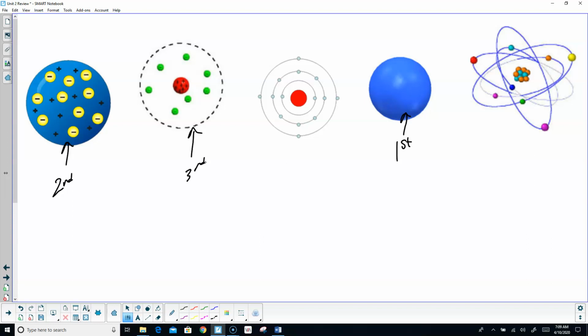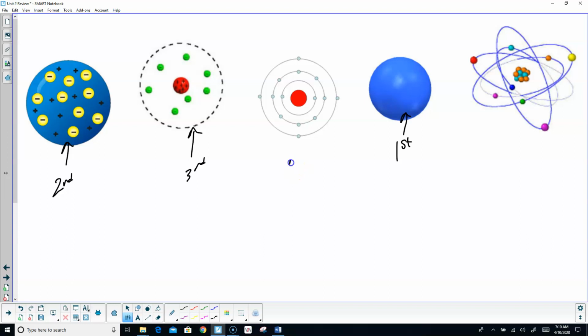And he noticed that occasionally, as he shot these alpha particles, they'd bend away and sometimes they'd ricochet straight back. And so Rutherford kind of made some inferences from his experiment. He said, okay, the atom is mostly empty space, but there was a tiny dense center where almost all the mass was, and then that center had a positive charge. So basically, he discovered the nucleus.